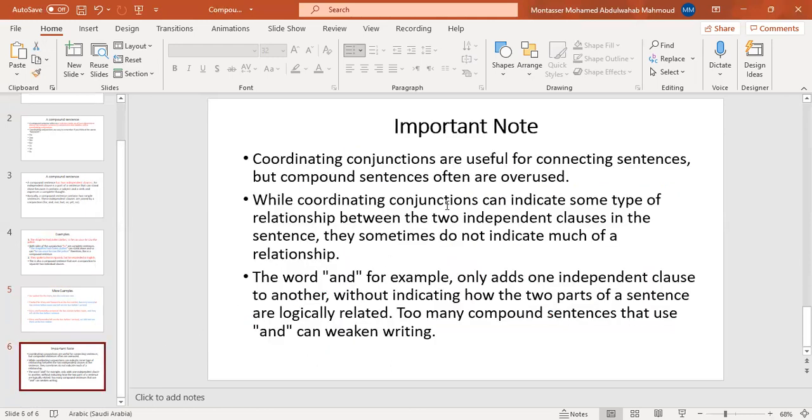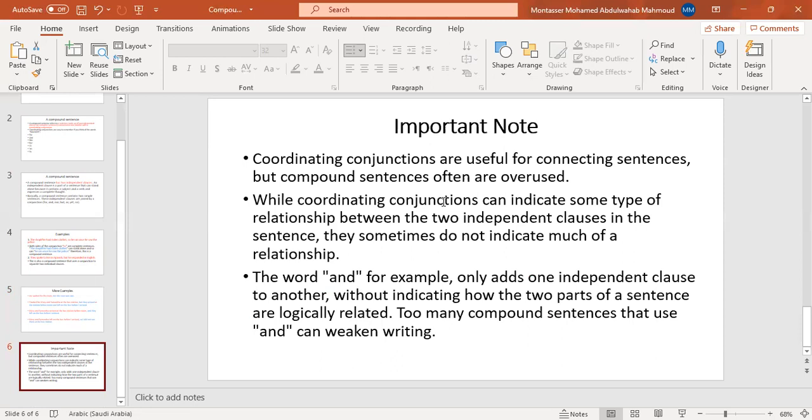There is an important note that I want to tell you about. Try to avoid the word and, especially when you are using compound sentences in academic writing. Why? Because too many compound sentences that use and can weaken writing.